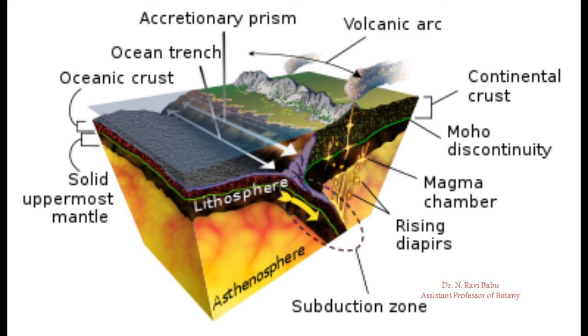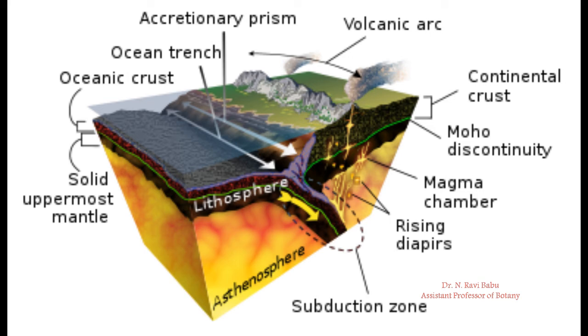The Earth's surface is composed of two types of lithospheres. These are known as the oceanic and the continental lithospheres. It is very simple, my dear friends.